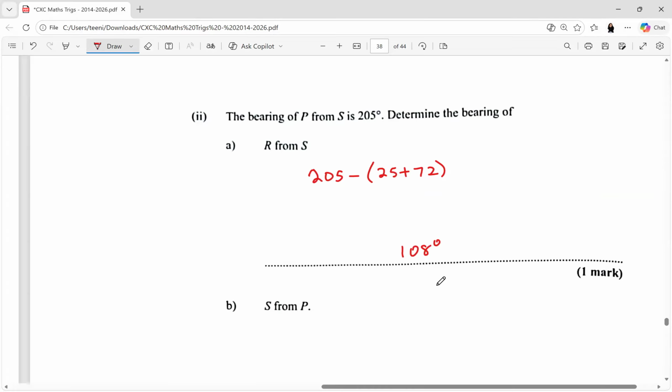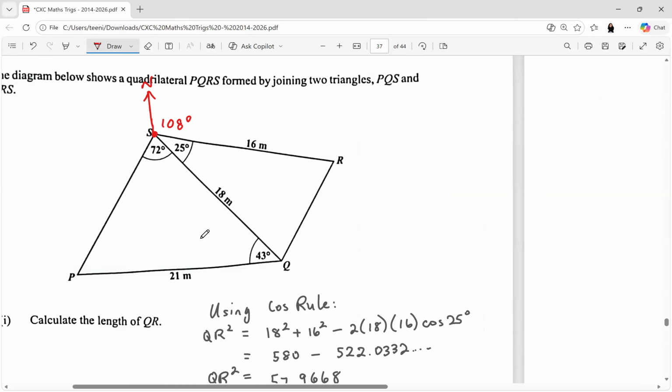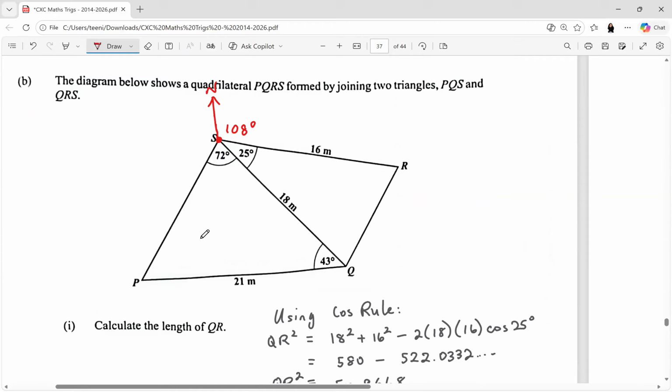And then it says S from P. Okay, S from P. Let's look back here. Okay. Well, hold on now. Just want to draw this a little better.